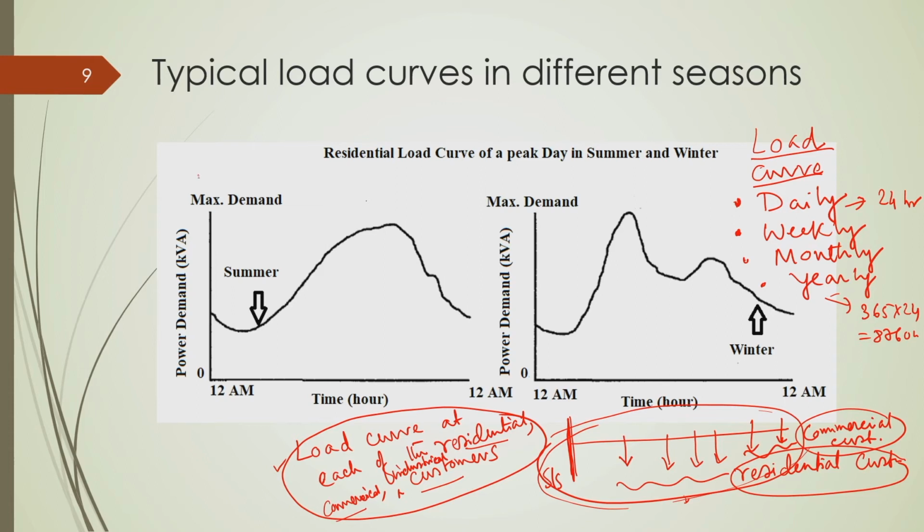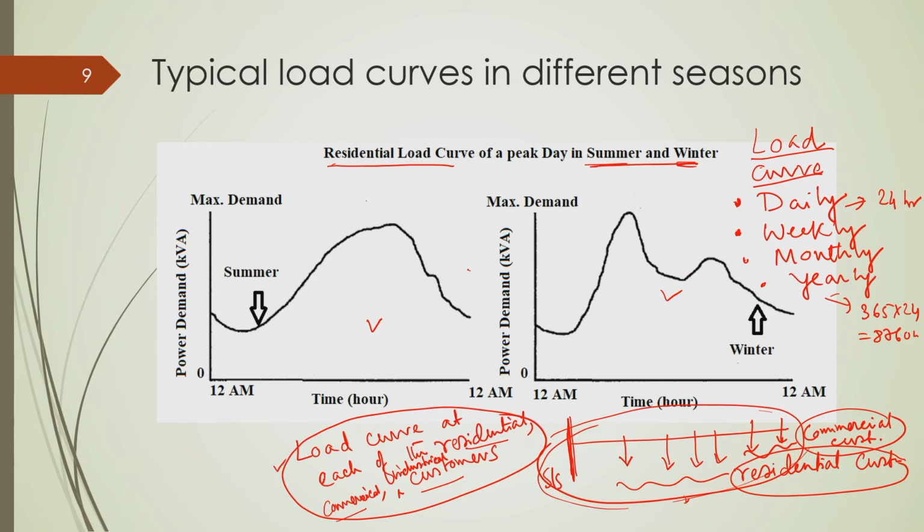Now, here you can see in this plot the typical 2 load curves for a residential area under different seasons. One is in summer, another is winter, and you can see the characteristics are completely different.